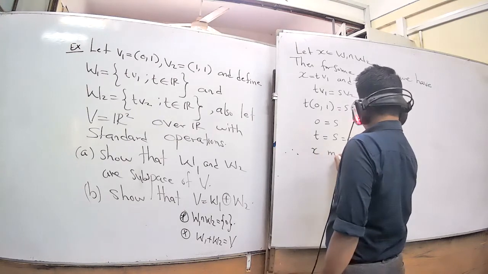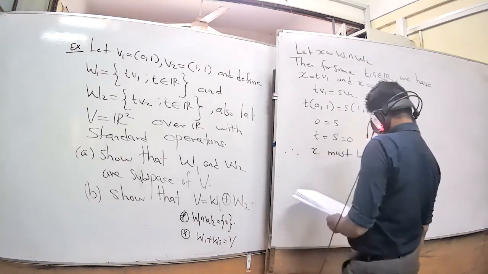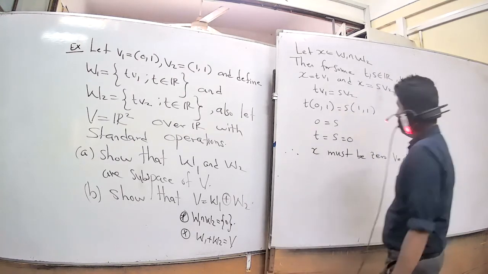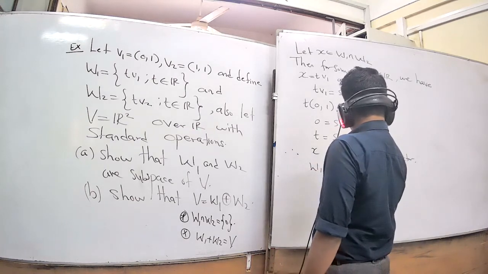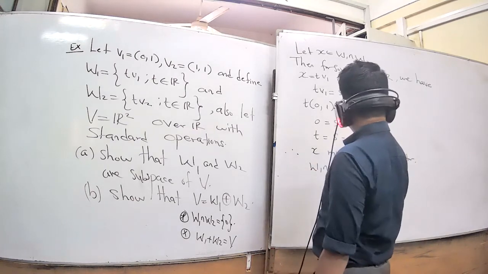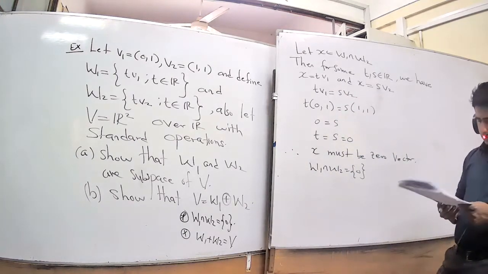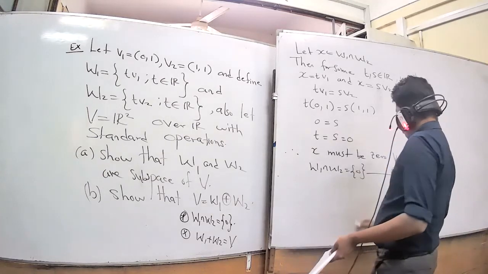X must be the 0 vector. Therefore, W1 intersection W2 consists only of the singleton 0. This is the first claim we proved.